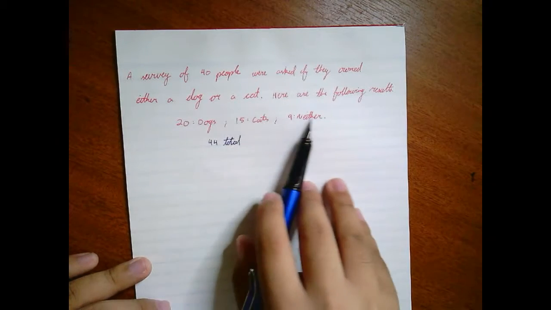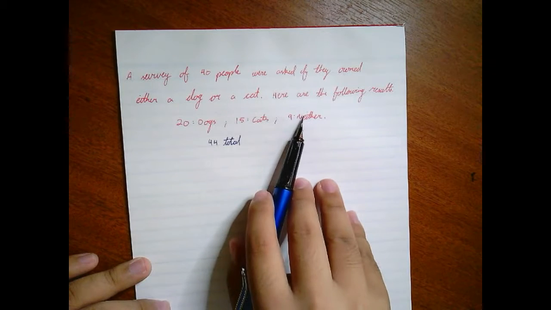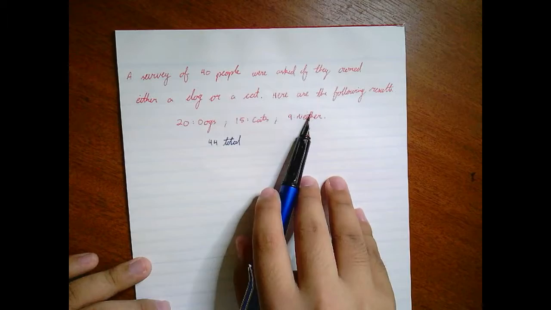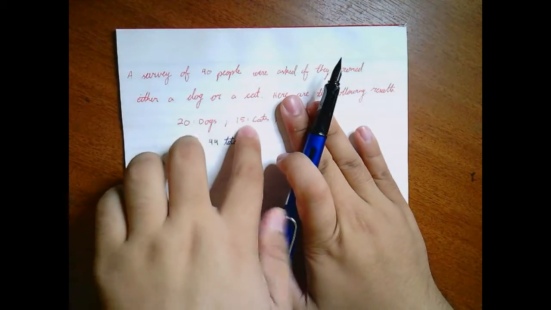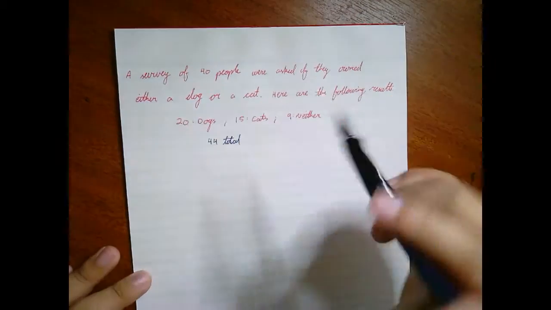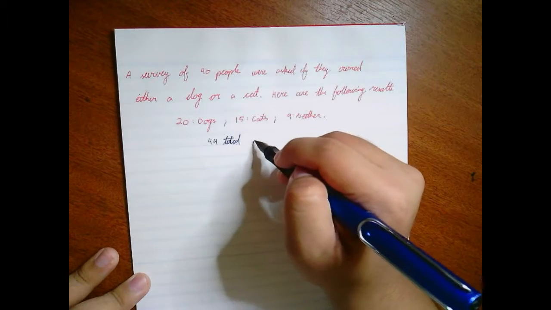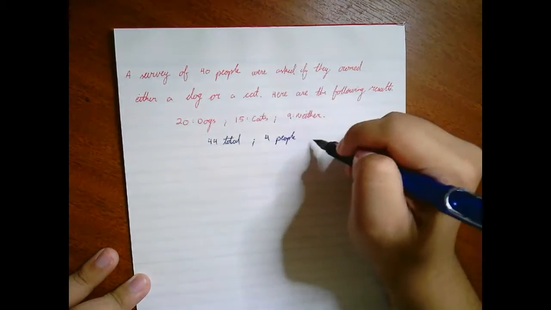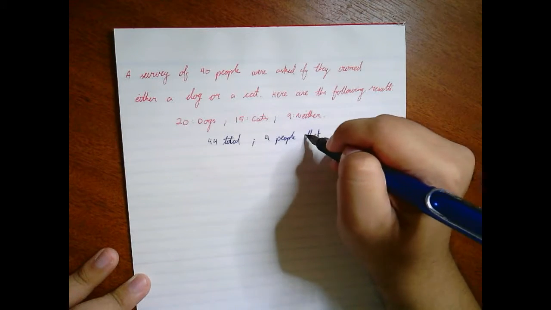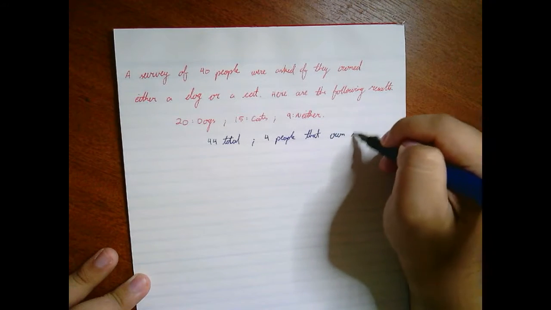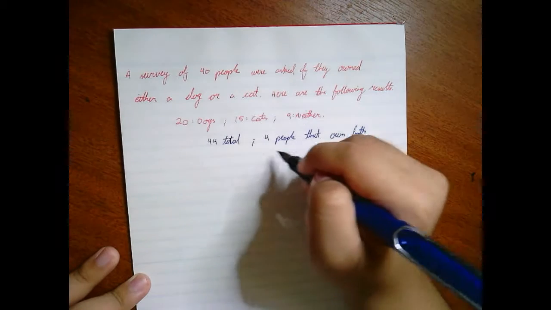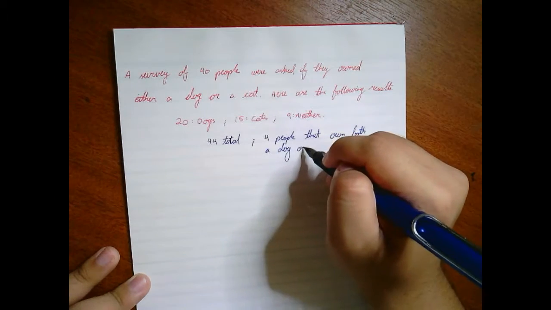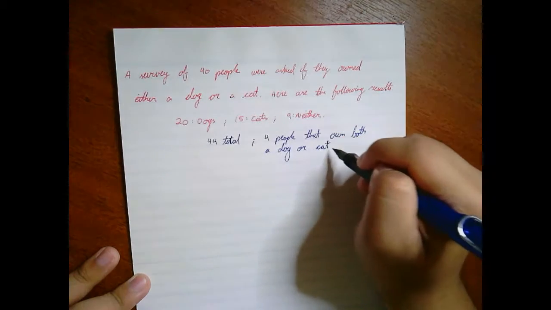Because if you said neither, then you can't be in this group and in this group, because neither means you're completely out of these two groups, which means there are 4 people that own both a dog or cat.